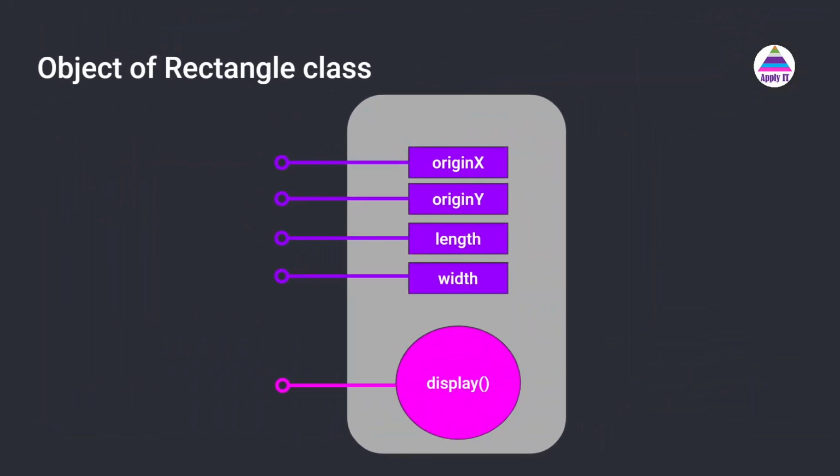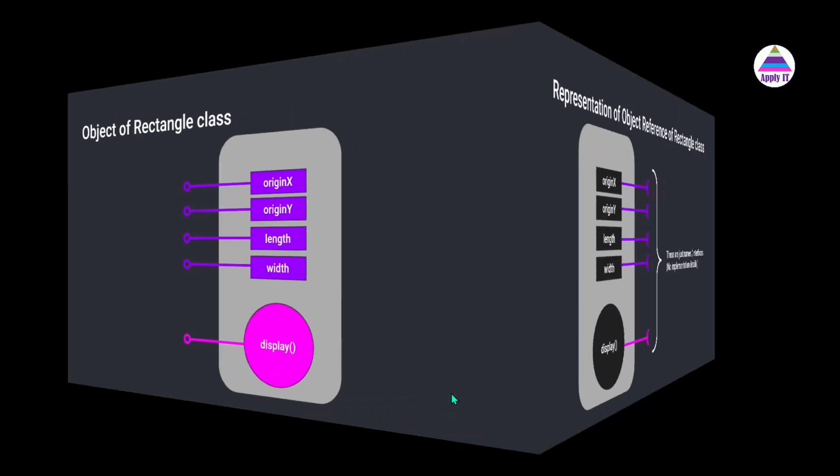And we can have this kind of connector which will be connected with the reference of the base class or with the reference of any object. I have attached these connectors. Such connectors may not be present in the actual object, so this is just for understanding. So assume that such connectors are present for each data member and each member function or method.